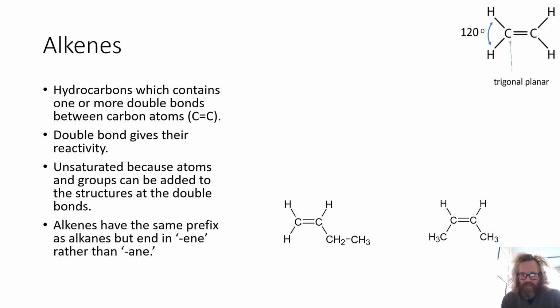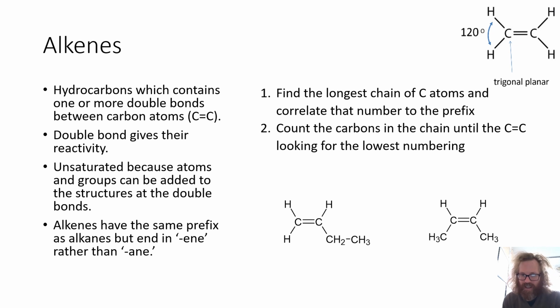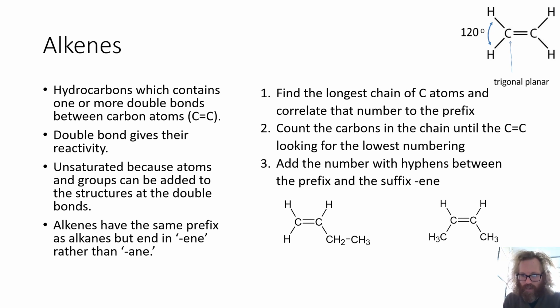The only real difference between alkenes and alkanes is the suffix in their name. So we use "ene" to represent an alkene rather than "ane." So find the longest chain, count the number of carbons to the first carbon of the double bond to find the lowest numbering, and you put that number in the suffix for the suffix "ene."